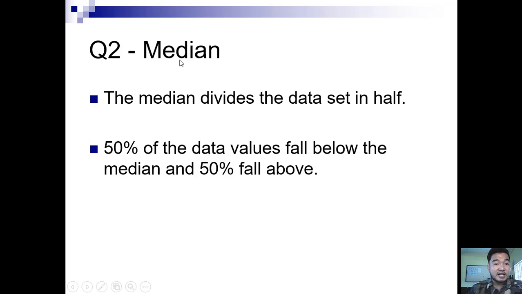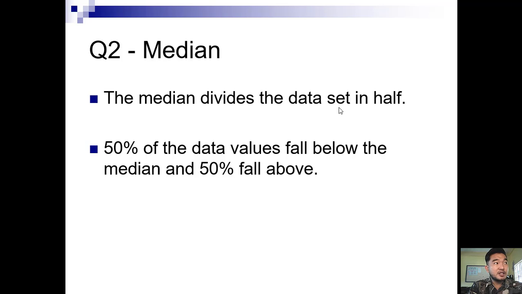And then the second quartile is what we call the median of the set of scores. The median divides the data set in half. Ito yung sinasabi natin kanina, no? Kapag second quartile, hinahati niya yung lahat ng scores into 2. So, mahahati ni second quartile lahat ng scores, magkakaroon tayo ng lower half at saka ng higher half.